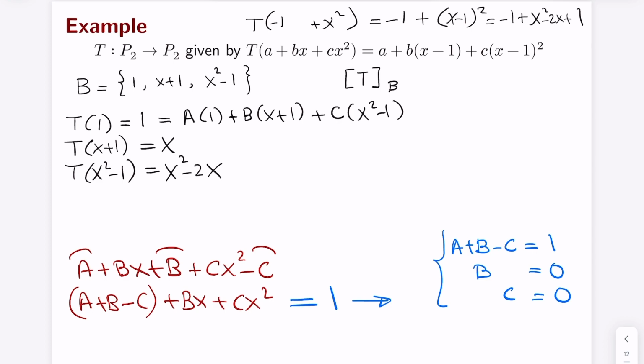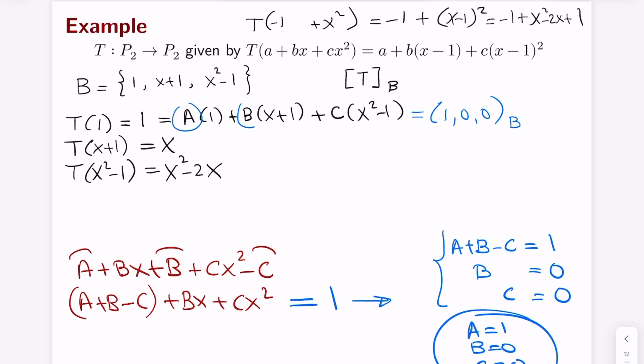Solving this system, we have that a is equal to 1, b is equal to 0, and c is equal to 0. So these are the a, b, and c that we were looking for. So this polynomial has coordinates in the base B of 1, 0, 0. These are the coefficients that we have to put here in the base B.